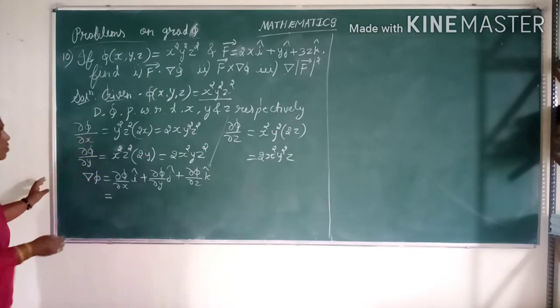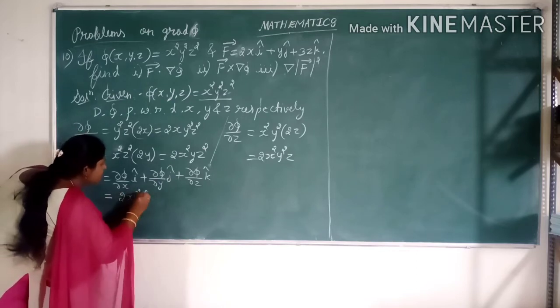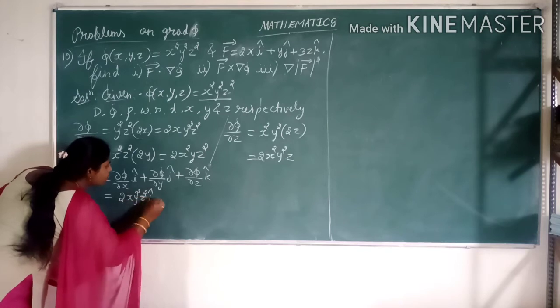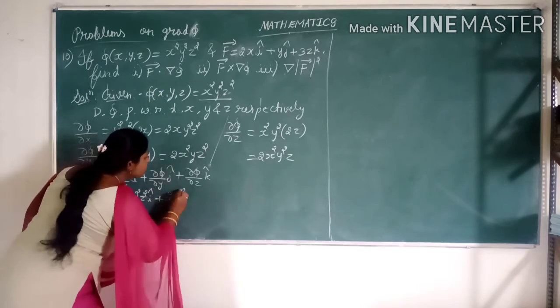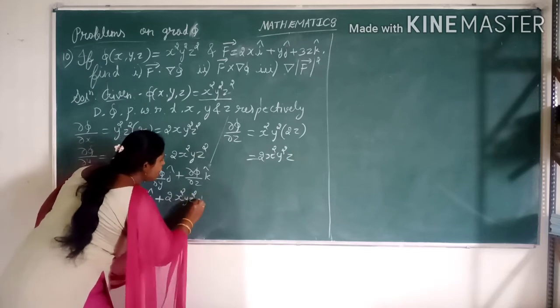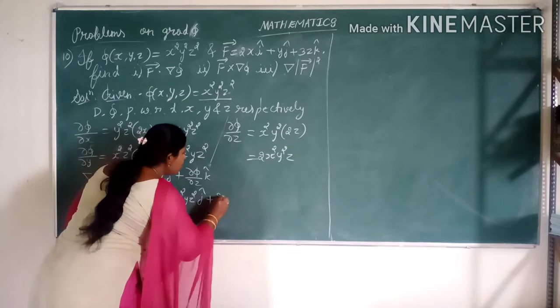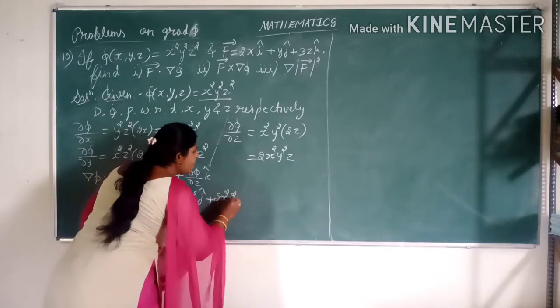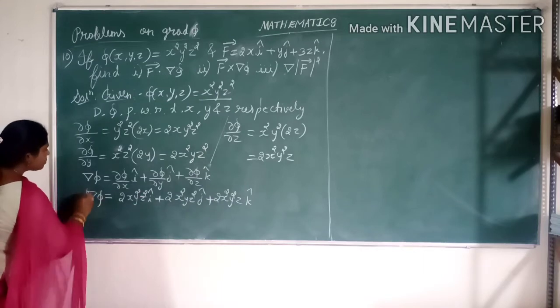What is ∂φ/∂x? 2x y²z² into i cap, plus ∂φ/∂y is 2x²y z² into j cap, plus ∂φ/∂z is 2x²y²z into k cap. This is grad φ.